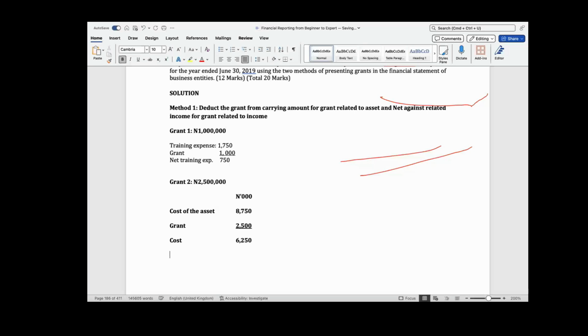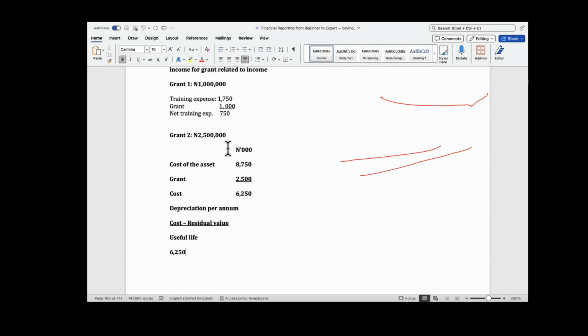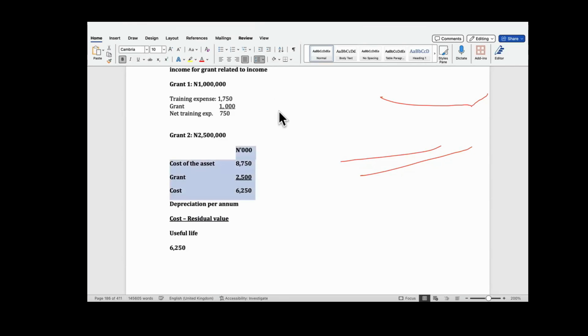So for this asset, what's the depreciation per annum? It will be the cost minus residual value, over the useful life of the asset. In this case, the cost now is 6,250.